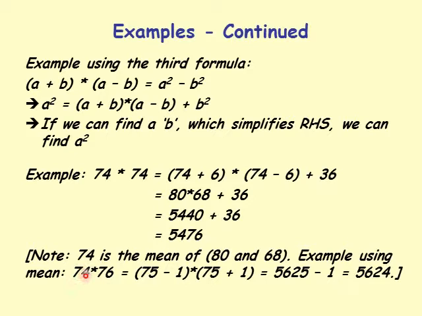So you can also compute, say, 74 times 76 using this formula: like 75 minus 1 times 75 plus 1, and that 75 is the average of these two numbers here. That will get you 5625 minus 1, which is 5624. Okay, let's continue here.